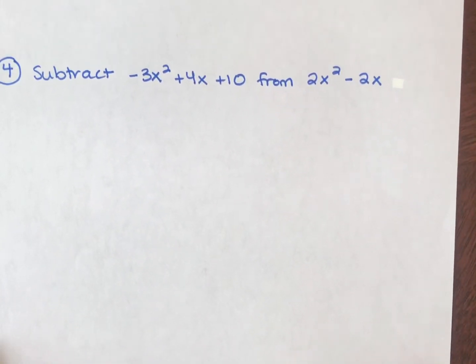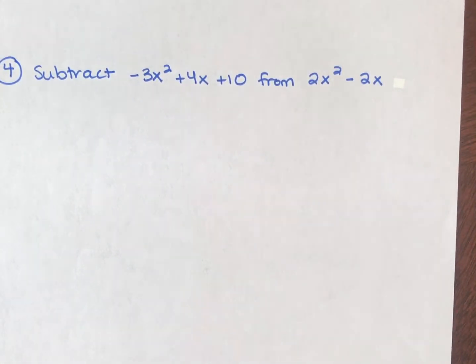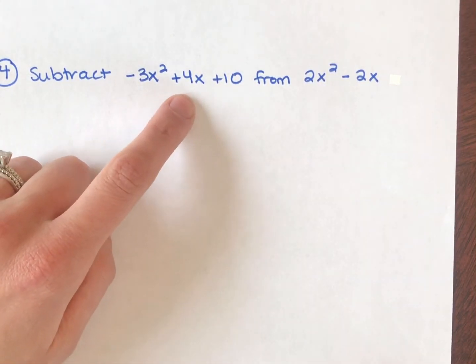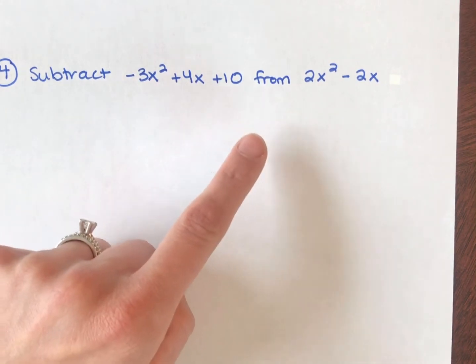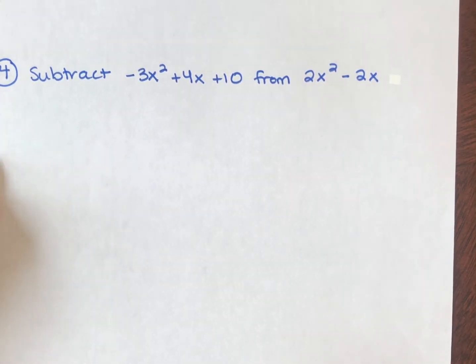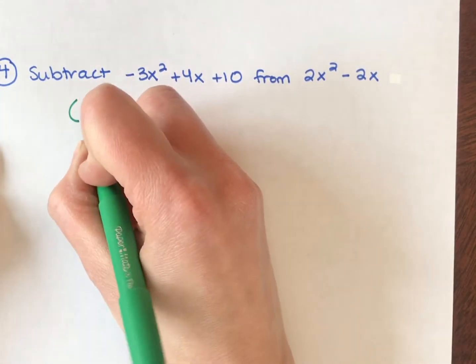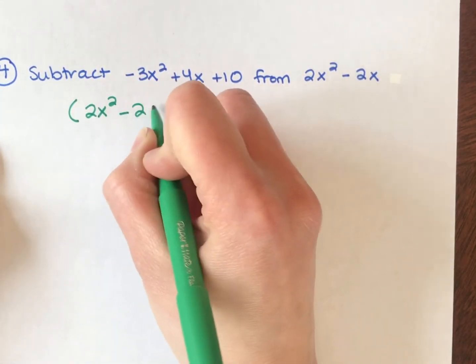For our last example, you might see in words it telling you to subtract the two polynomials. It's saying subtract negative 3x to the second plus 4x plus 10 from 2x to the second minus 2x. So this last term is actually going to be the first polynomial, 2x to the second minus 2x.